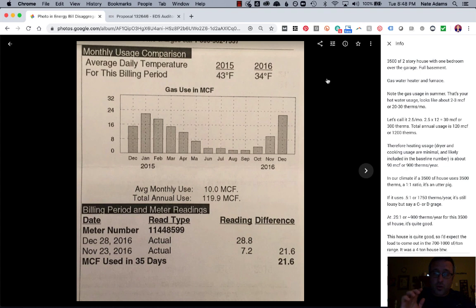Okay, so again, this house has a gas water heater and gas furnace for this bill. It's a 120,000 BTU furnace, and again, the induced draft water heater. So what you do is you again are looking for that baseline. So look at June, July, August, September. We've got 4 pretty flat months.